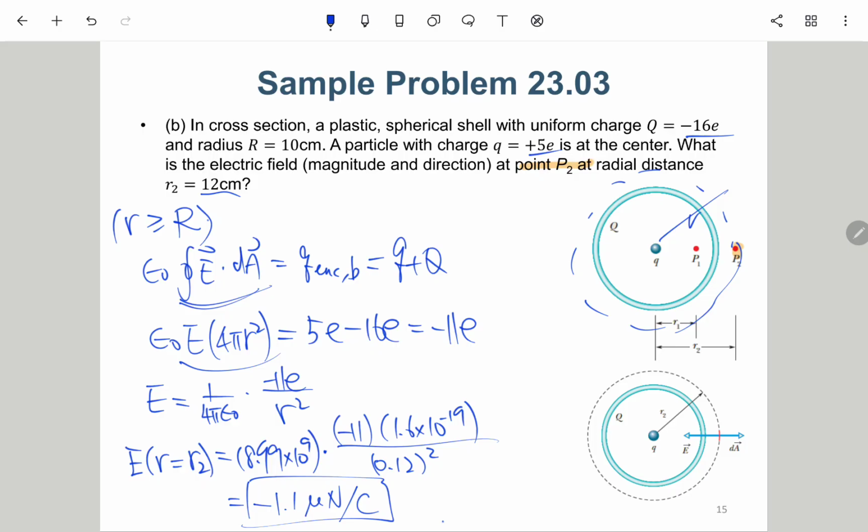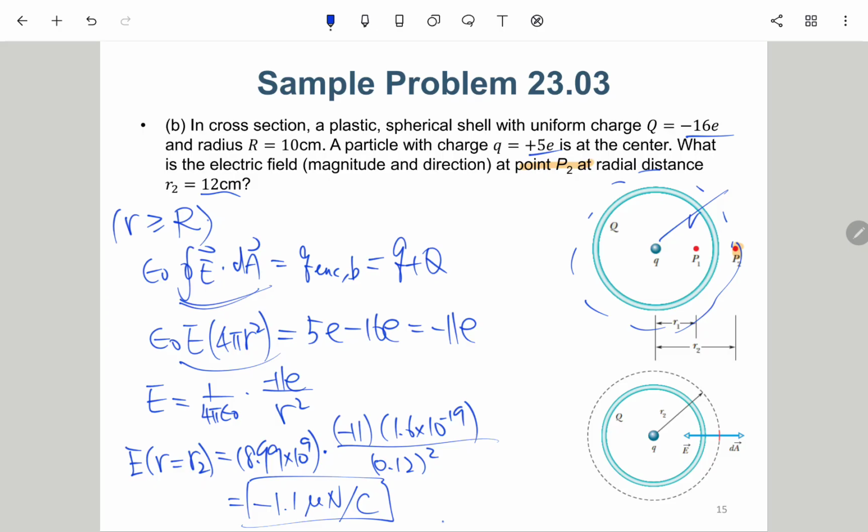So here it means that if you know the Gauss law, it can simplify the computation, and it is quite easy for you to determine what we need to count for. You need to make the correct assumption for the Gaussian surface.